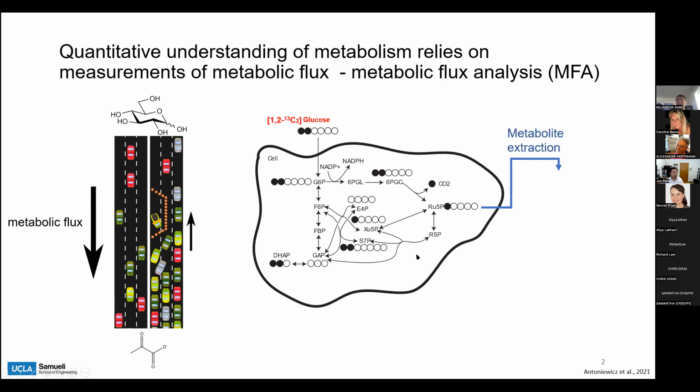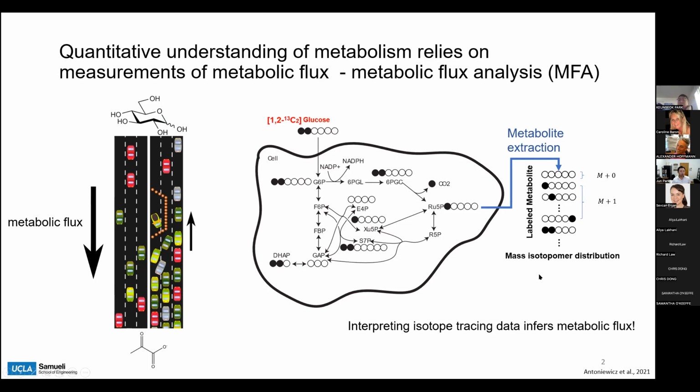Once we extract the metabolites and run LCMS, we can get the mass isotopomer distributions. By interpreting this isotope tracing data, we are able to quantitate the metabolic fluxes with an appropriate confidence interval range. For the past few years, 13C has been extensively used for resolving metabolic flux values.